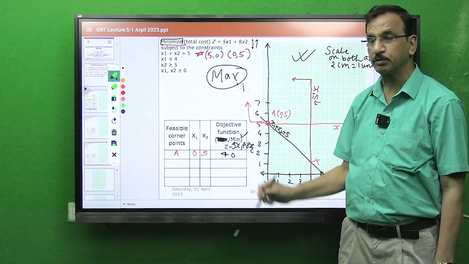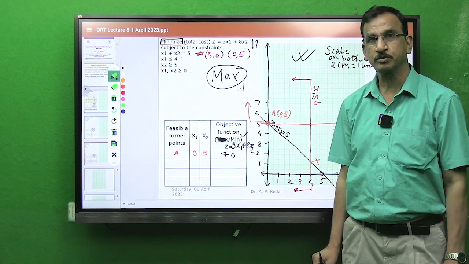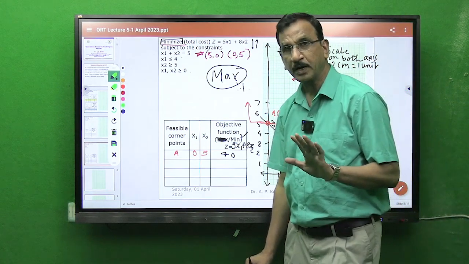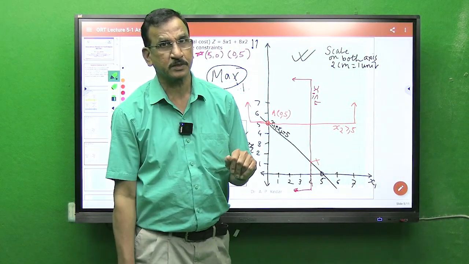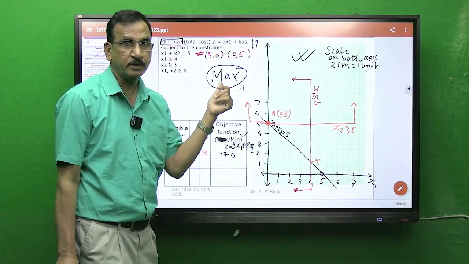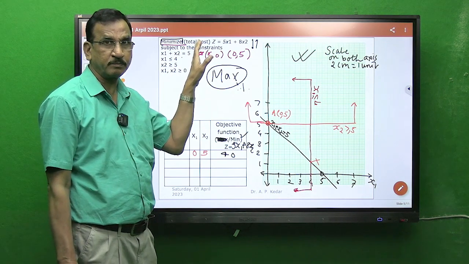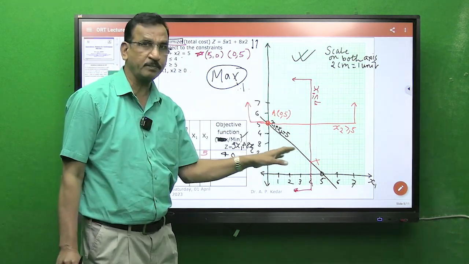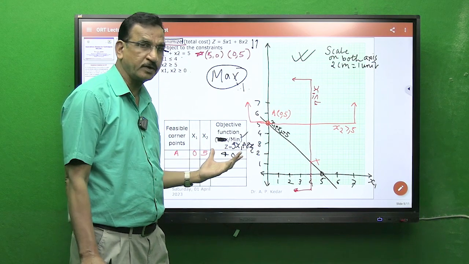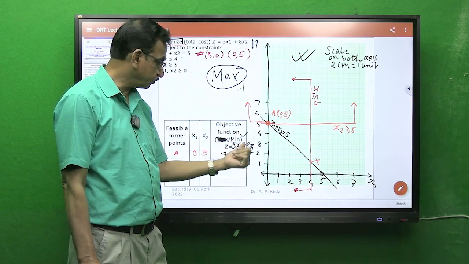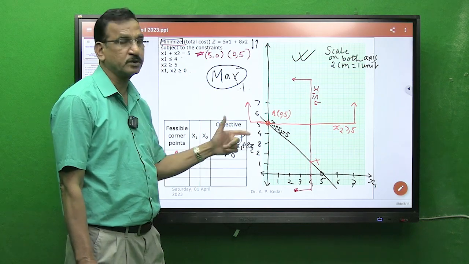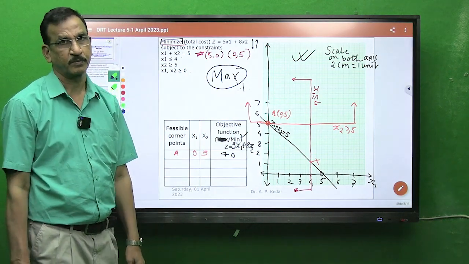Definitely no, because I am not changing the constraints. The constraints are the same. I am only changing the objective function from minimize to maximize. This will remain the same, the point will remain the same. There is only one unique answer, 40, so the same answer will be for maximize.